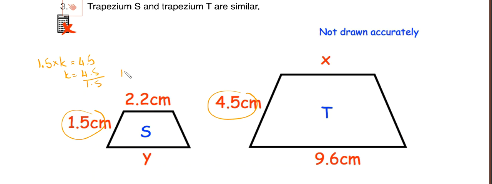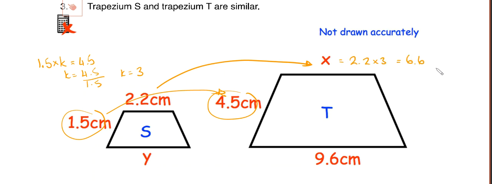It's quite easy to see actually. This one is 3. Okay? So times by 3. That means this one is corresponding to that one. So this would be 2.2 times 3, which is 6.6. This one would be, the other way, 9.6 divided by 3, which is 3.2. Everyone good so far?